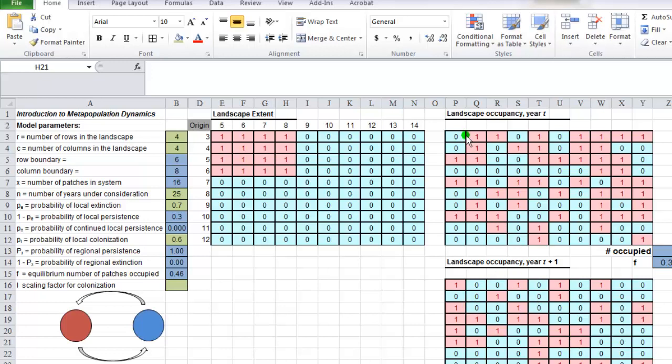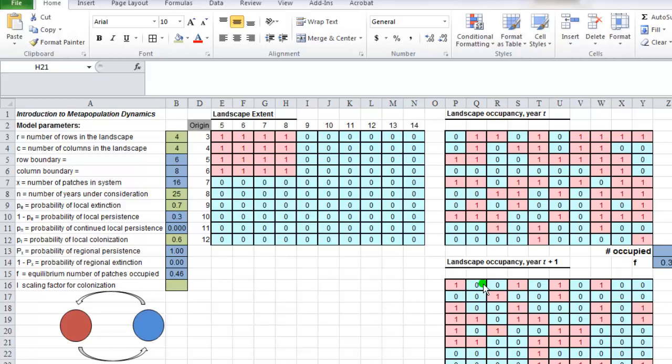And what you can see is that given these parameters that are inputs, some patches that were empty in time step t can become colonized in year t plus 1, and some patches that were occupied in time step t become vacant or locally extinct in time step t plus 1.